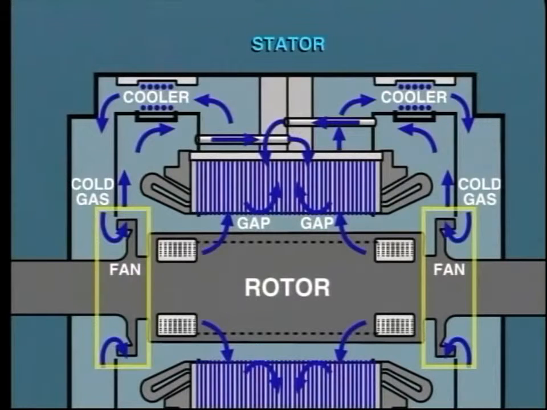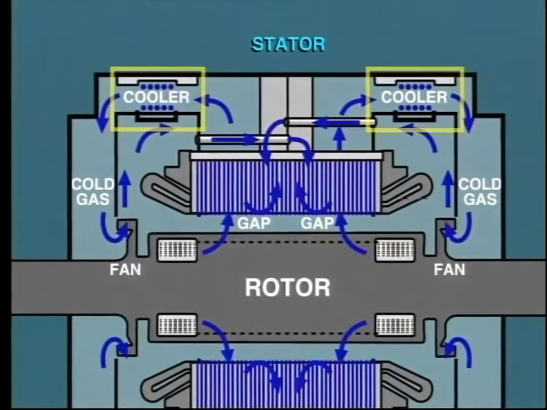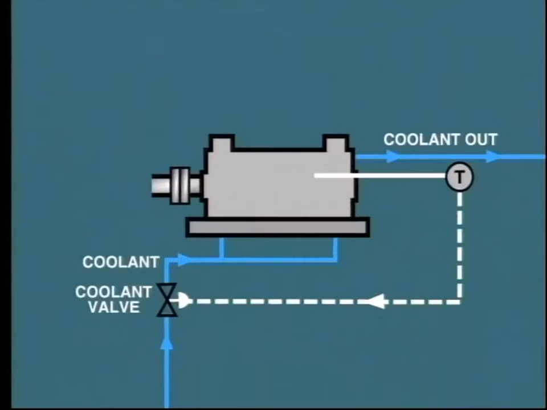The heat picked up by the hydrogen is extracted by passing the gas through water-cooled heat exchangers. Some adjustment of cooling water flow through the hydrogen coolers may be necessary to maintain the optimum temperature for the hydrogen gas. This is normally performed automatically.